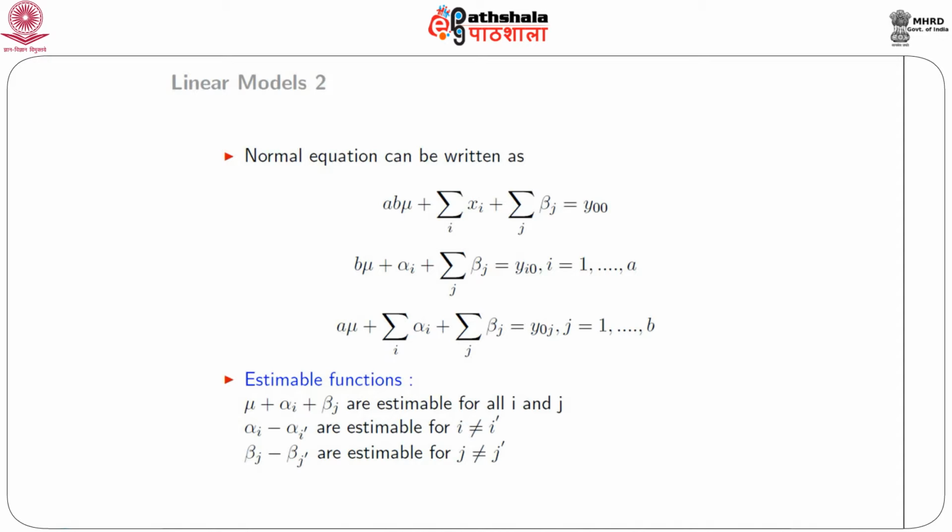Remember, a here is little a and not capital A. Capital A is the name of the factor and little a is the number of levels of capital A. Similarly, you can get a mu plus summation alpha I plus summation beta j equal to y 0 j.